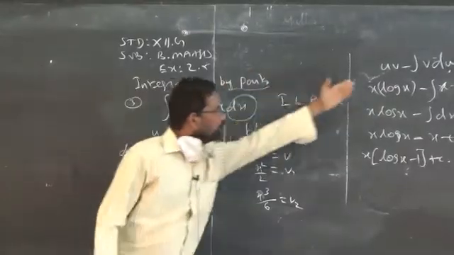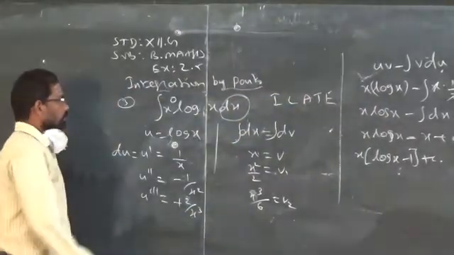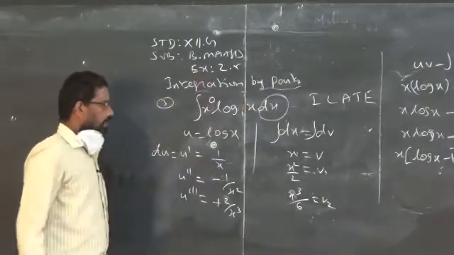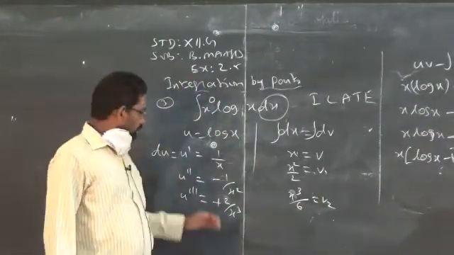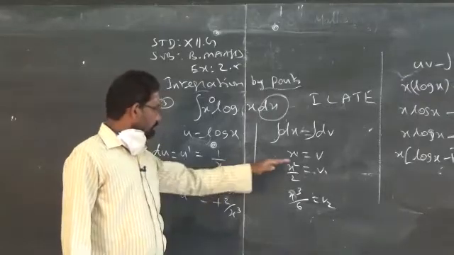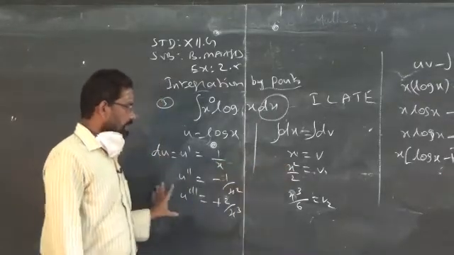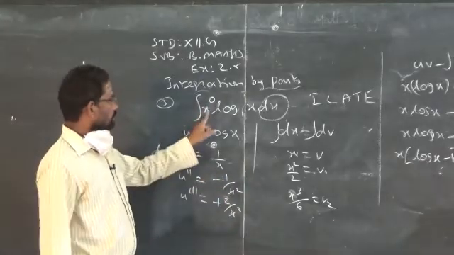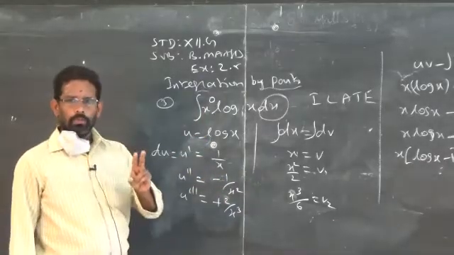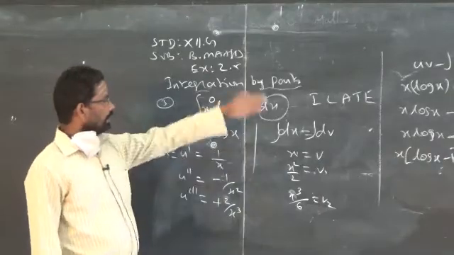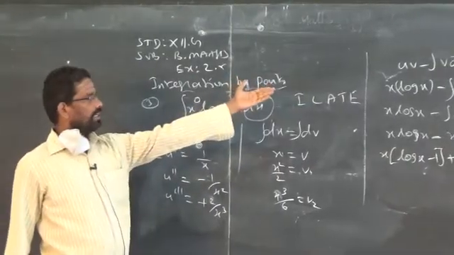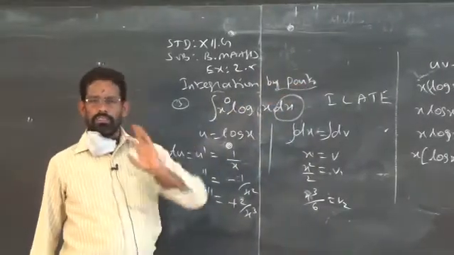That's why I am applying uv minus integration of v du. When the power of x is 2 or more than 2, like 3, 4, 5, then we go for Bernoulli's law. So these two steps, just for your understanding purpose I did. So no need to do these steps during the exam time. When the power of x is 2 or more than 2, then you apply Bernoulli's. Otherwise, just apply the uv minus integration of v du formula, you will get the answer straight away.